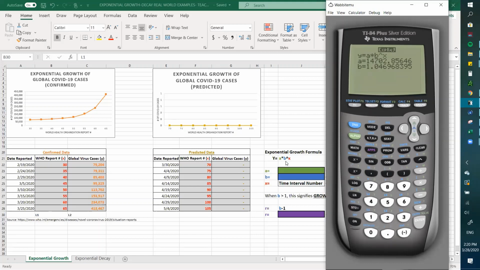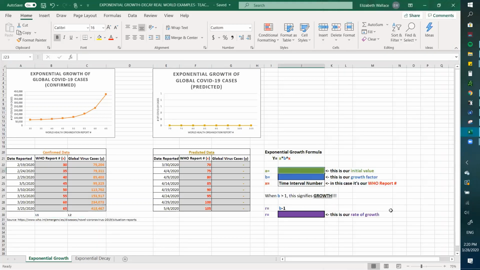Since we know that our formula is y equals A times B raised to the X power, I already have this populated so that when we type in 14,702 and then 1.05, it's going to generate our predicted data. So we know that when B is greater than 1, this is telling us that this is growth. This is how we determine our growth factor, or whether this is growth.